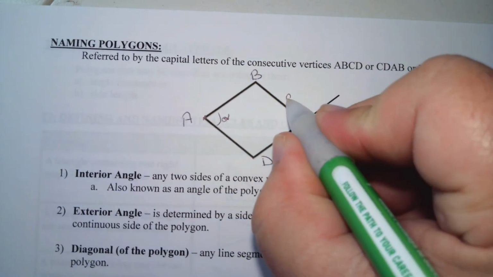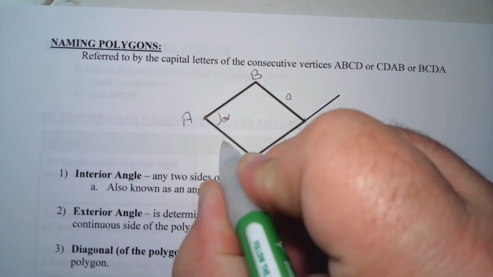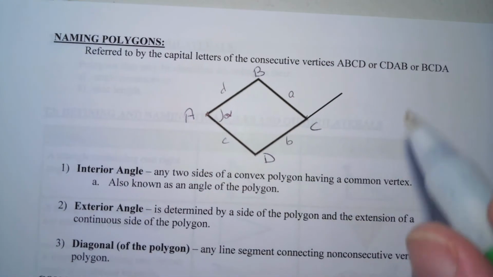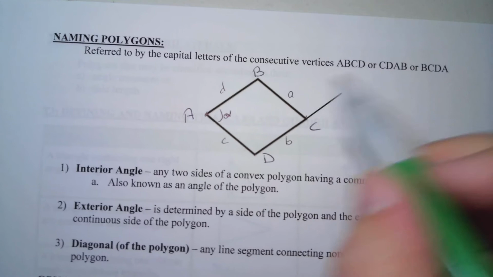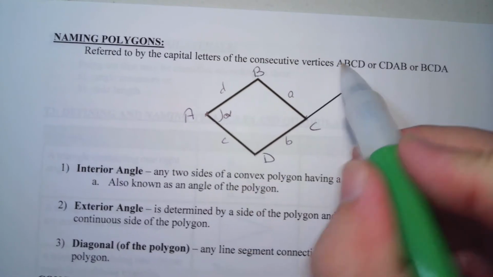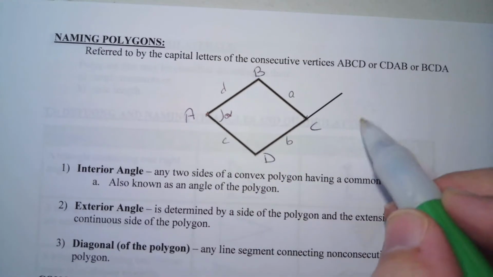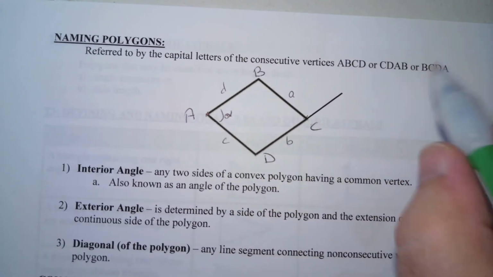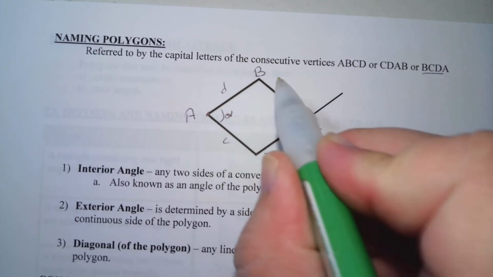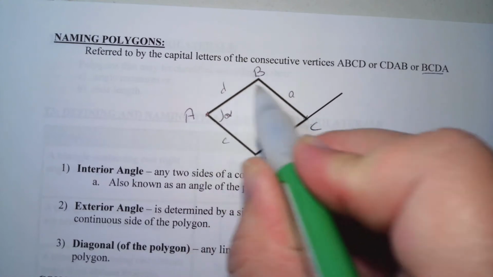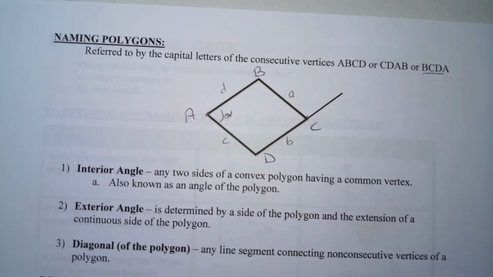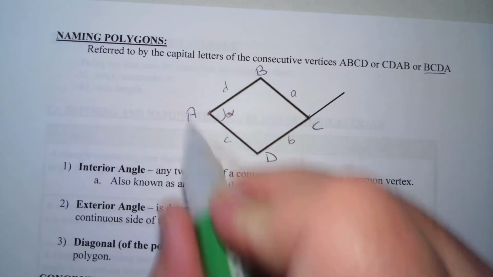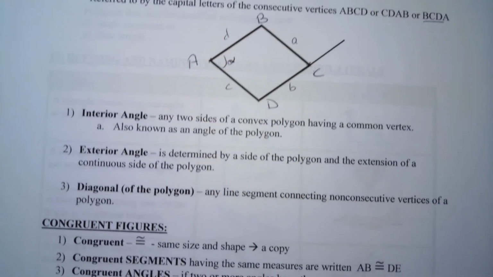So let's call this side a, side b, side c, and side d. Now, when we name these, we can go A, B, C, D, or C, D, A, B, or B, C. When you name them, you pick a point and then you go in a clockwise direction. We're used to reading clockwise.